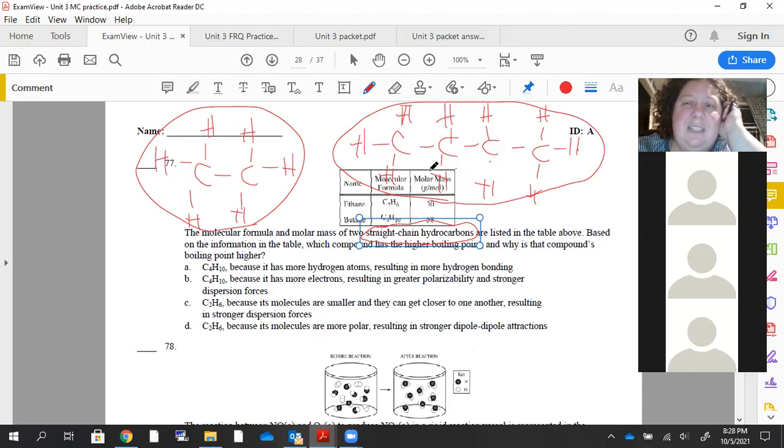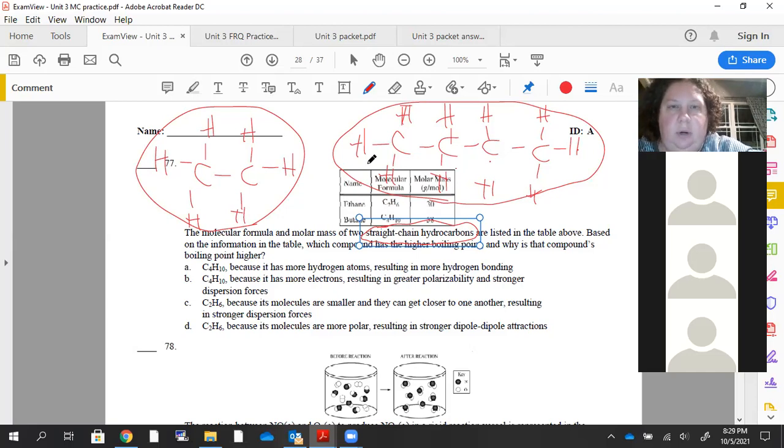Since they're all made of the same bonds, we can't really talk about differences in sizes of the atoms or how many electrons they got. So we're really talking about surface area here, how big that molecule is. The butane has more surface area, so it's going to be easier to interact with other molecules.